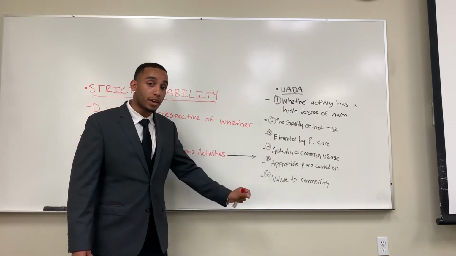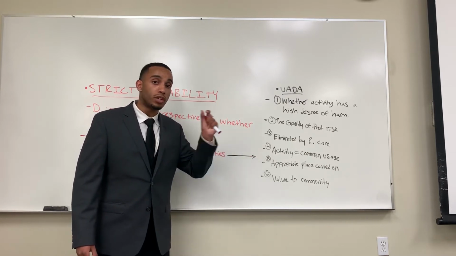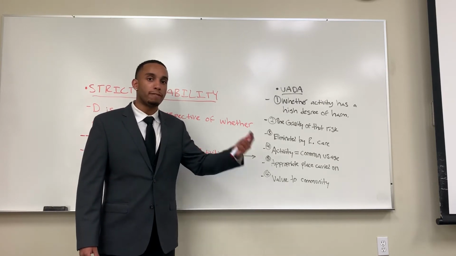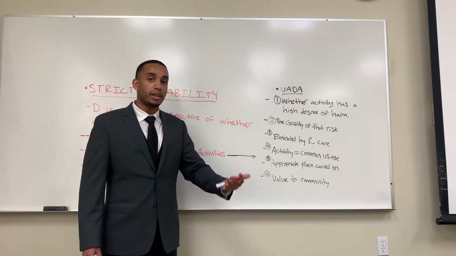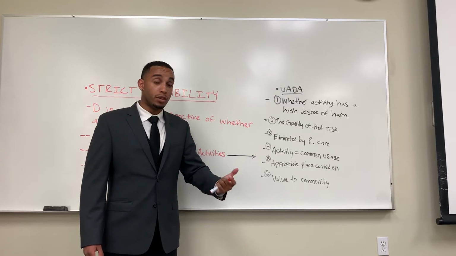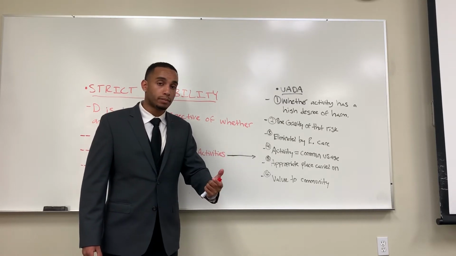Number 6 is the value of that activity to the community. Example, like I just said, is construction work, someone trying to fix the road, the highway, or even sidewalks. That is a very valuable thing that the community wants to happen because it will advance the common good.